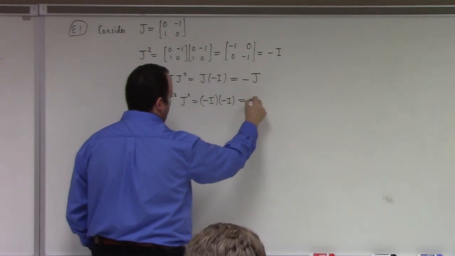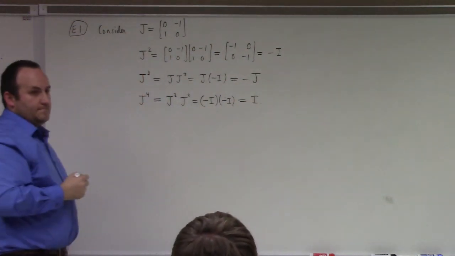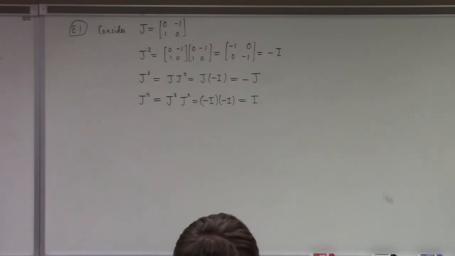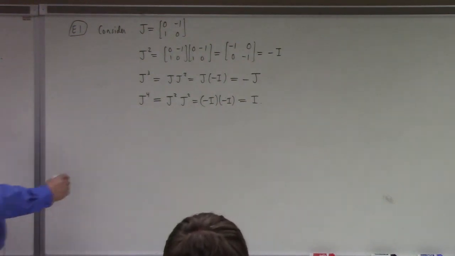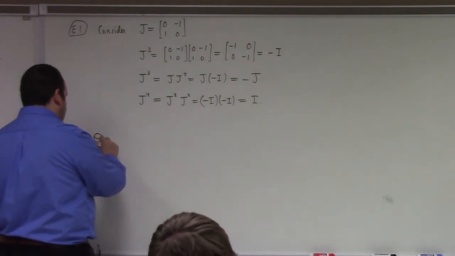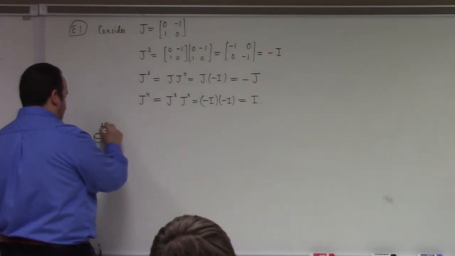Which is I again. So this matrix J has order 4. After its fourth power, it gets back to the identity matrix. So this is a very interesting matrix to calculate the matrix exponential of. If we calculate e to the tJ, then we have hope of actually calculating it directly.